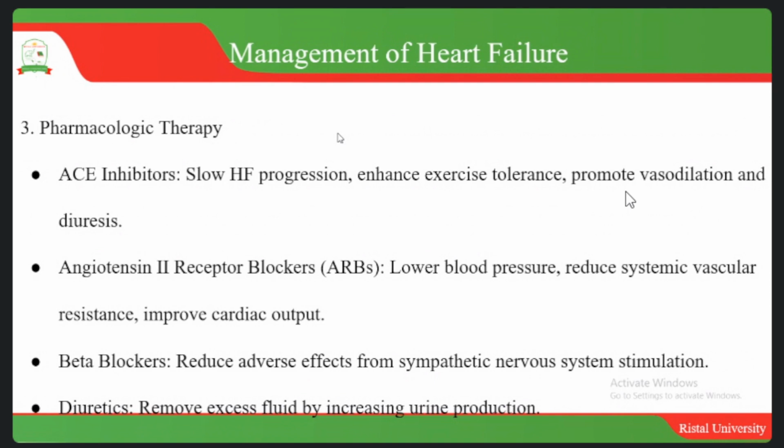When they pass urine, it helps to reduce the accumulated fluids. It increases urine production, and therefore when there is increased excretion of fluids, it will also lead to a reduction of the accumulated fluids in the interstitial tissues, and therefore it helps us to prevent or manage edema in our patients with heart failure.